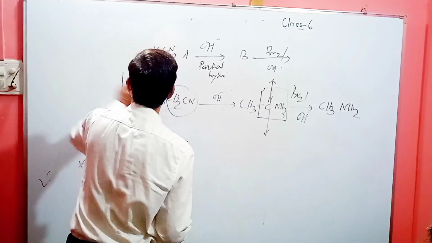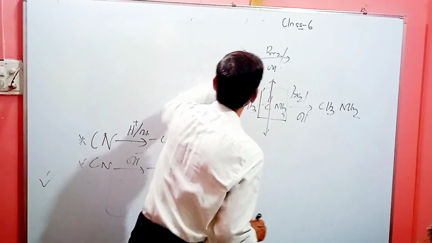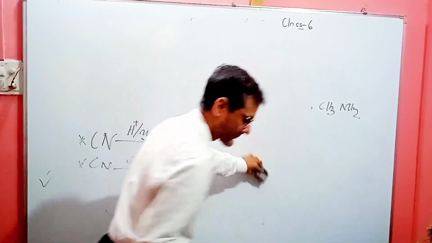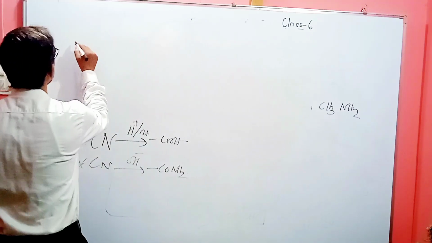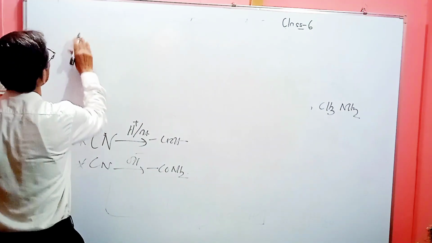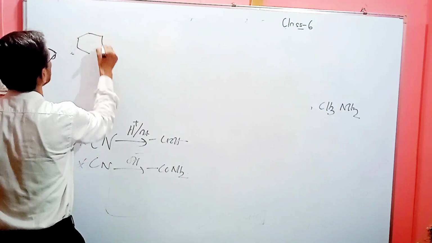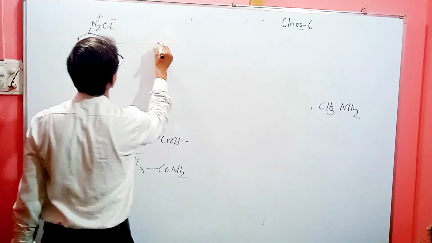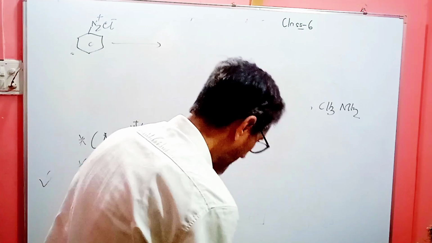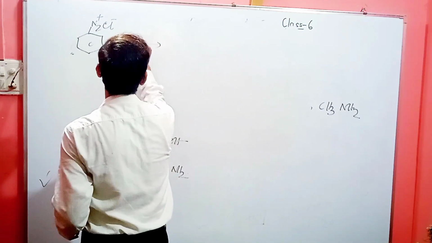Next one is C6H5 benzene diazonium chloride. Benzene diazonium chloride, CuCN.